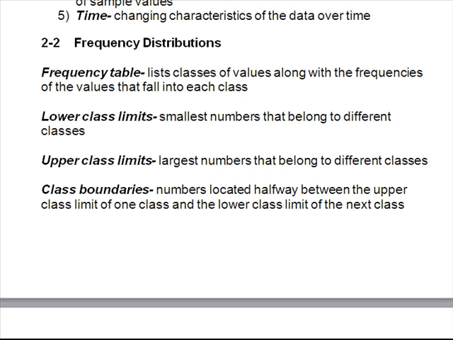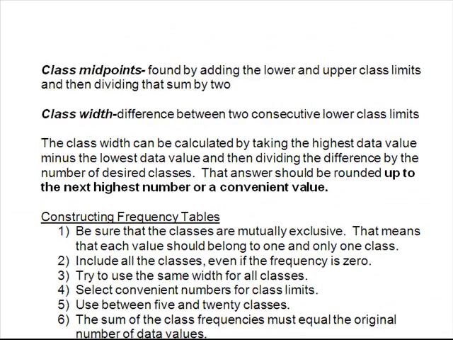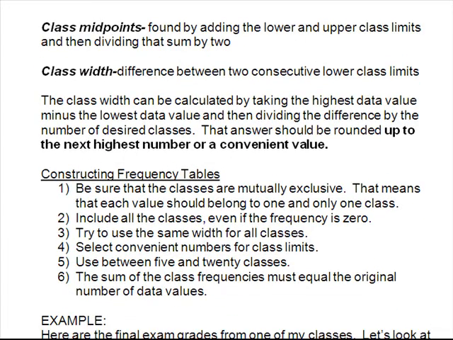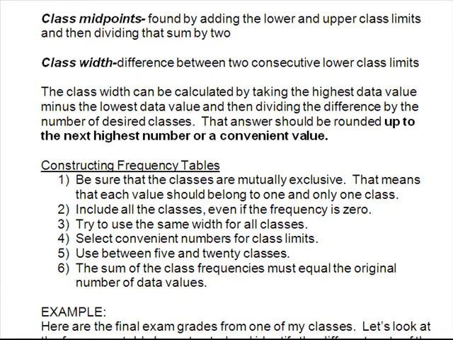We have class boundaries, which would be a point halfway between the upper class limit of one class and the lower class limit of the next class. Class midpoints are found by adding the lower and upper class limits and then dividing that sum by 2. And finally, class width is the difference between two consecutive lower class limits.